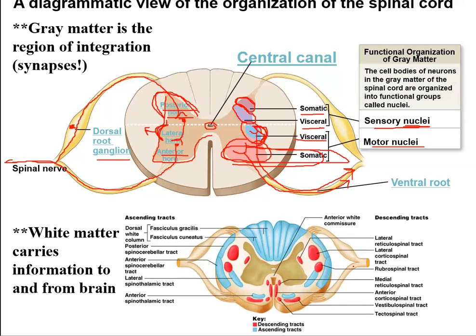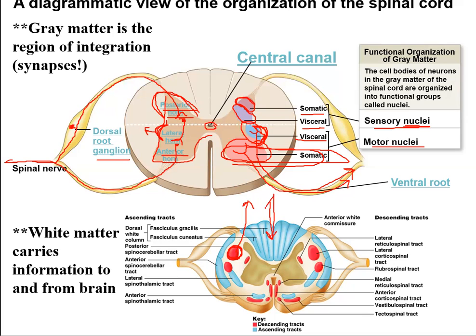There are similar names for the organization of the white matter as well. This is something we're going to get into in a lot more detail at the end of the term. But for now, I just want to point out that there are these bundles, these tracts of myelinated axons, myelinated by oligodendrocytes. They are going up to the brain or back down.